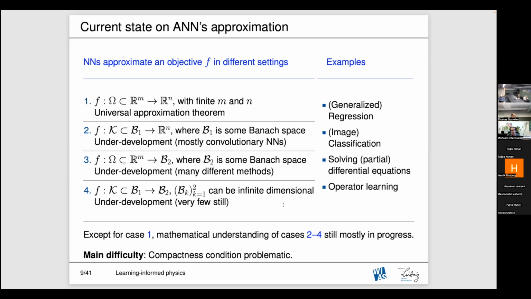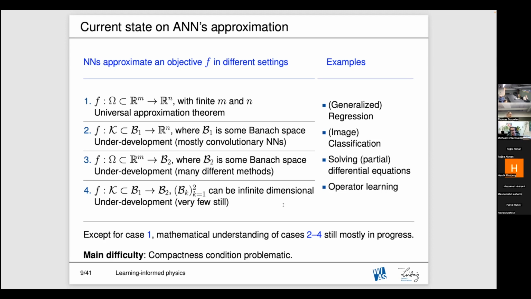We produce neural network type parameterizations of PDE solutions and then try to find the corresponding parameters in these W and b vectors and matrices, as discussed before. In such a setting, you start from a finite dimensional domain omega in R^m, and you map your solution into some infinite dimensional space B2, which is again assumed to be a Banach space. And again, the application will be solving PDEs as an example, but ODEs can of course be discretized like that.